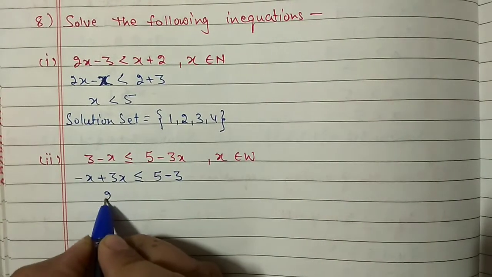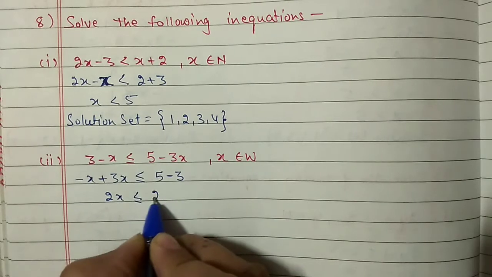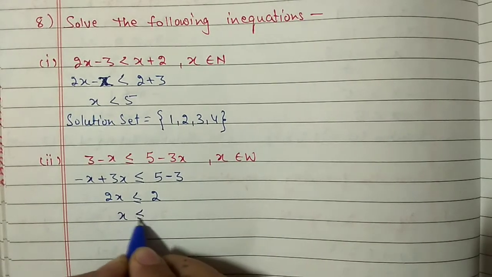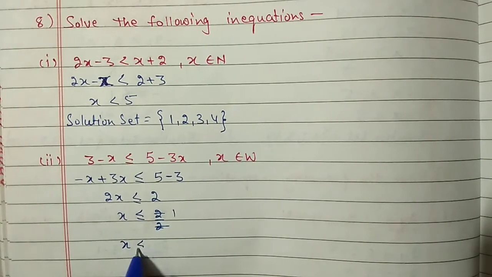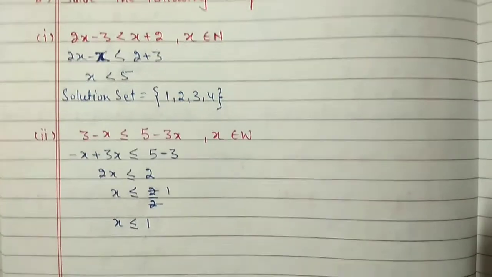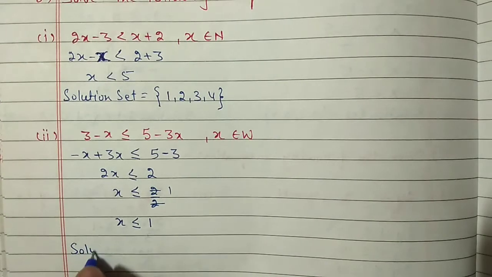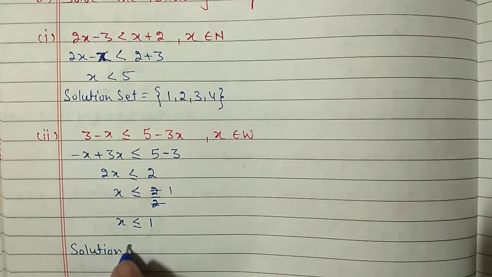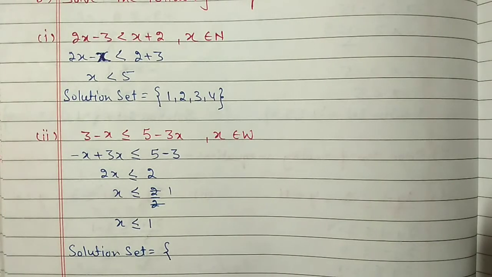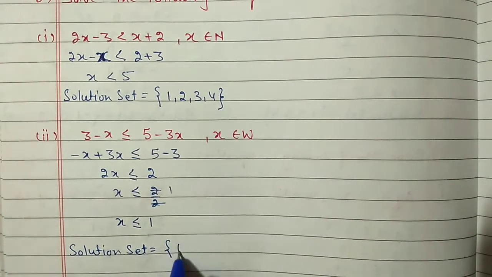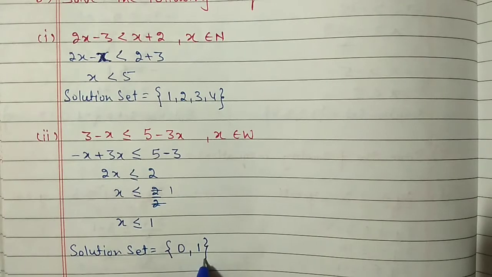So here we will get 2x ≤ 2, or x ≤ 2/2 means 1, x ≤ 1. So we have to take whole numbers which are less than or equal to 1. Equal to 1 means we have to consider 1 also, and whole numbers start from 0, so we will take 0 and 1.